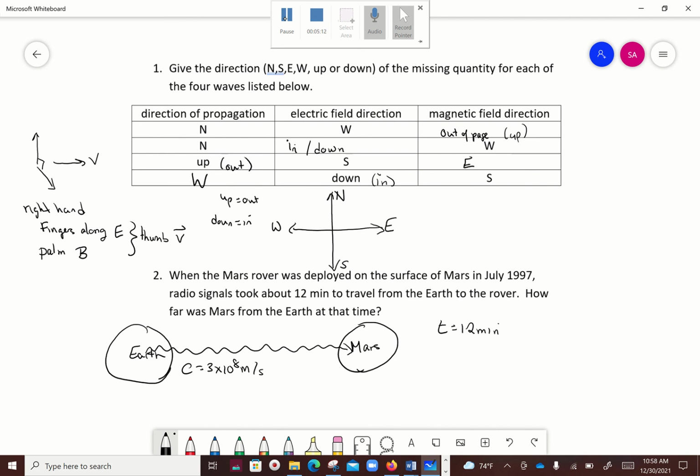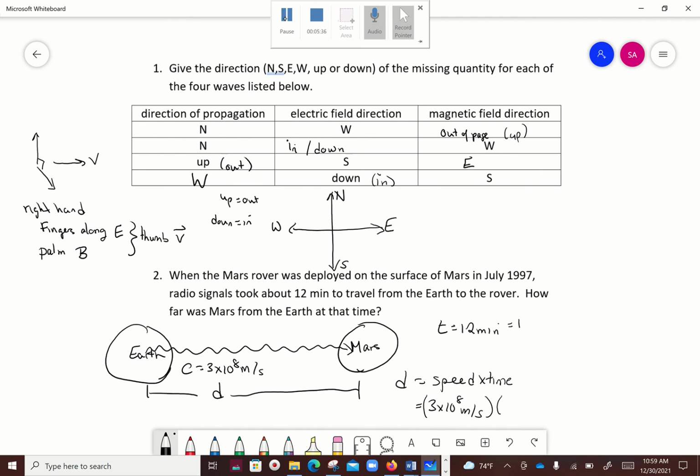All right, so I want to know how far is the distance between them. Well, remember, distance is equal to speed times the time. All right, so the speed we know is 3 times 10 to the 8 meters per second. What's the time? Well, the time is 12 minutes, but remember, I got to put that time into seconds.